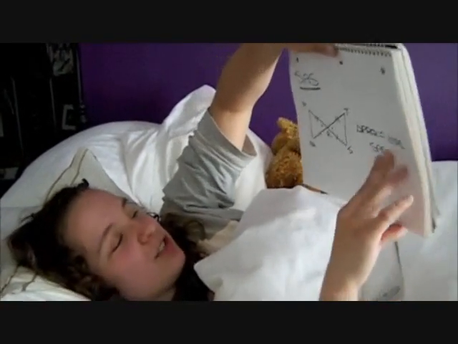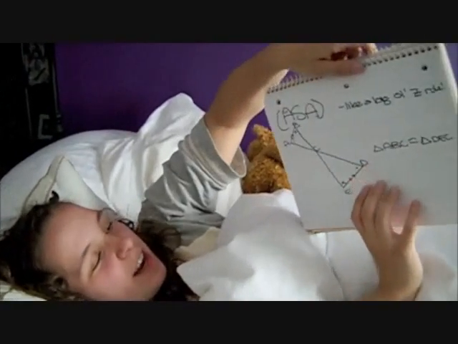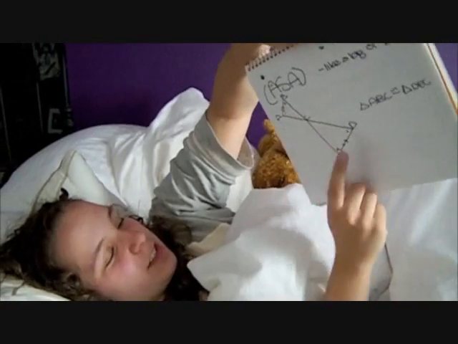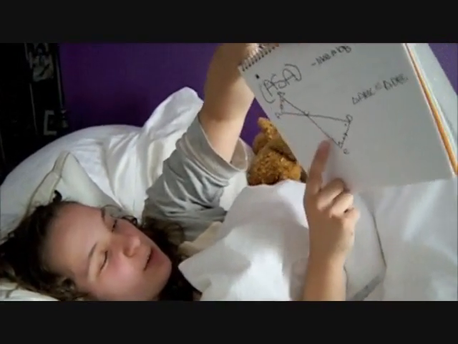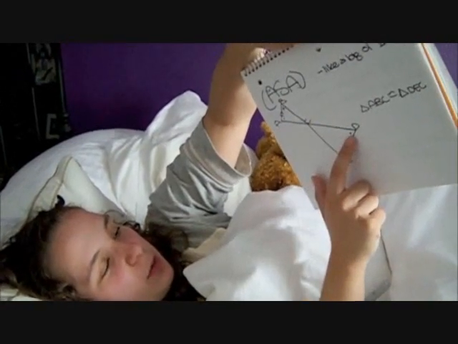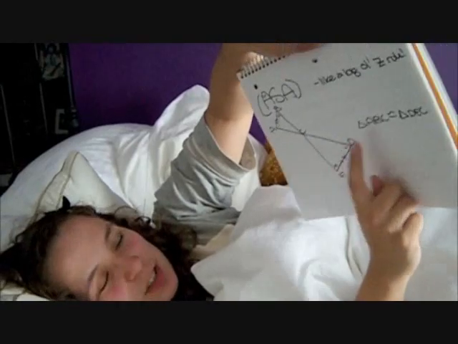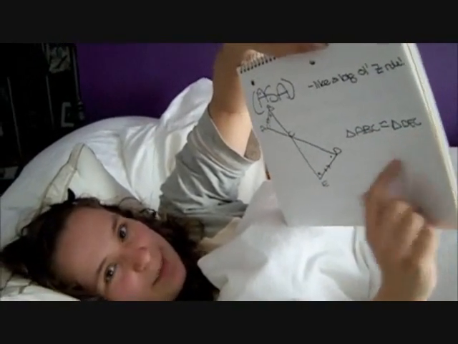So this is an SAS triangle. Then ASA, angle, side, angle. It's like a big old Z rule. As you can tell, these two lines here are parallel, and they're also equal. This makes this angle and this angle equal, and this angle and this angle equal. So it's angle, side, angle. So triangle ABC is equal to triangle DEC.